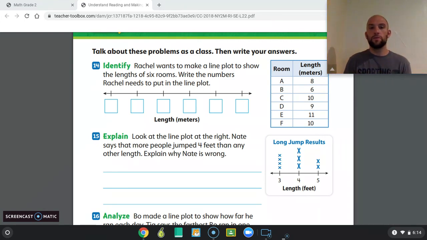And then what we're going to do where those boxes are is show what numbers we would need to put on our number line in order to plot this data on a line plot. So go ahead and give that a try, and you can pause if you need a little bit more time, and then resume the video when you're ready. I'm going to write my numbers in here in the meantime.